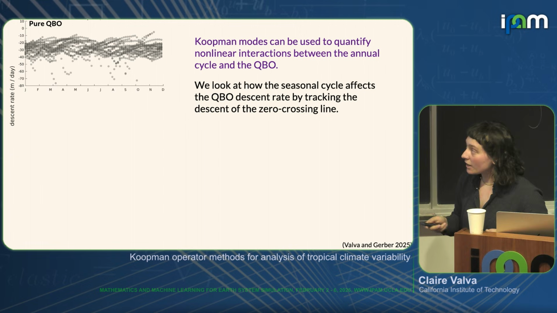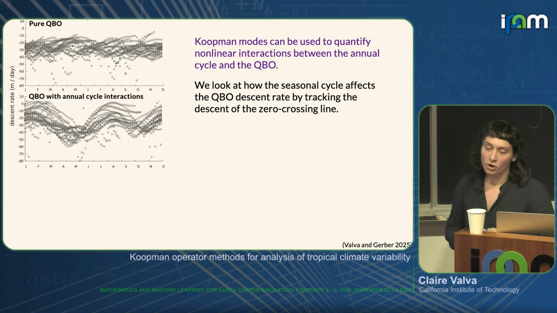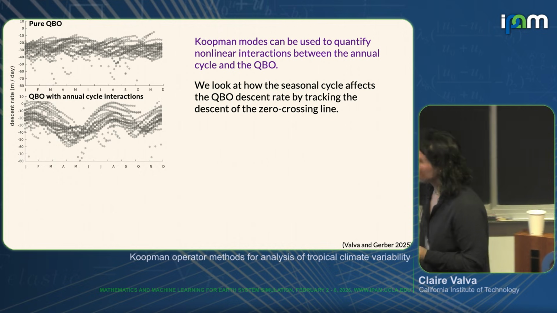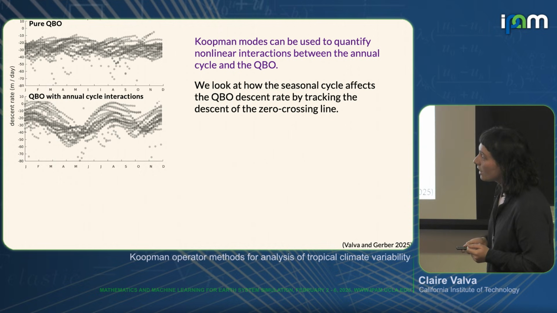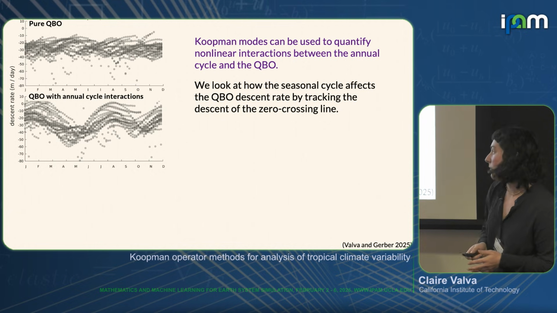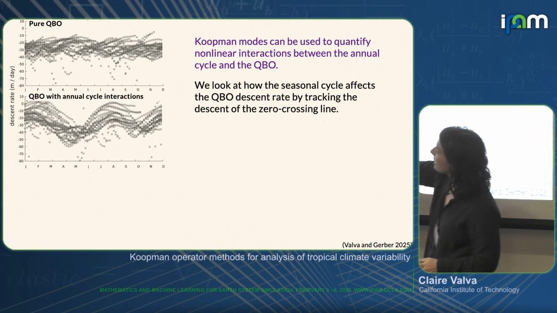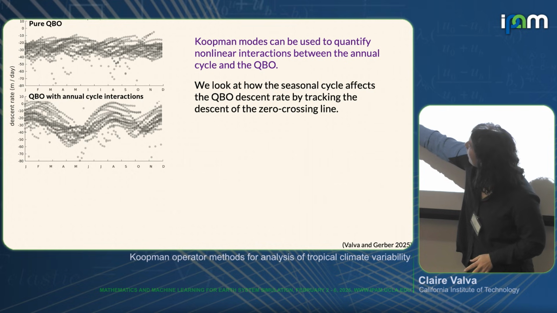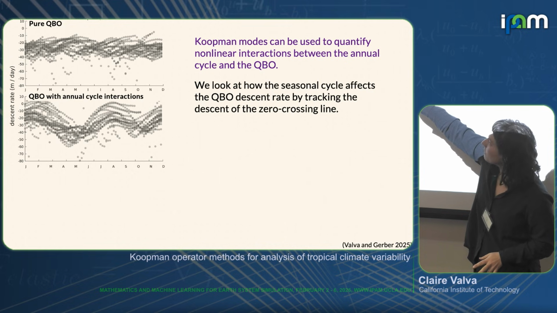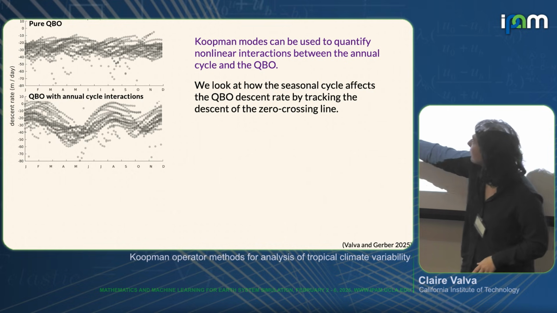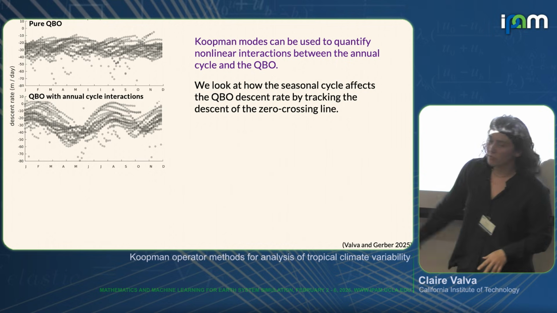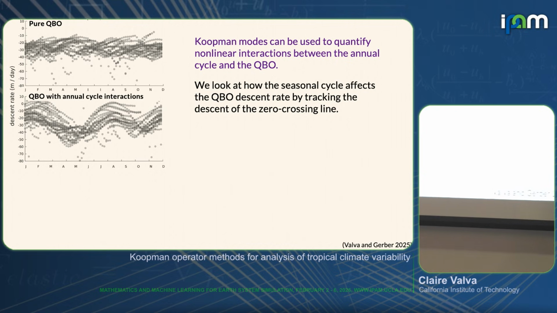We can then compare this to the QBO with our annual cycle interactions, where we have a pretty distinct bimodal trend in QBO speeds. At the beginning of the year, and in August and September, we have a very, very slow QBO. And in April and May, and October and November, we have something that's pretty fast.